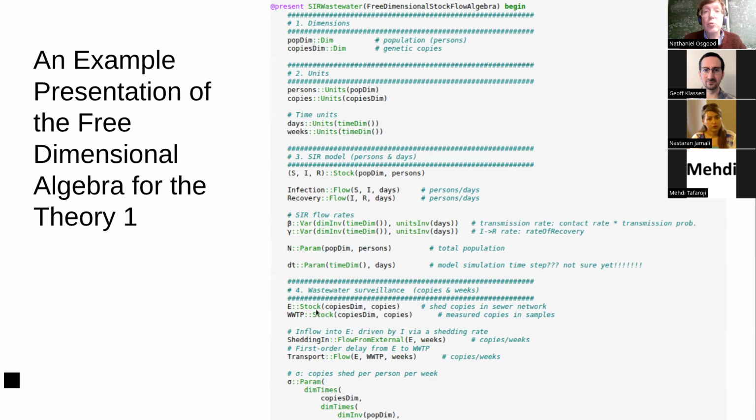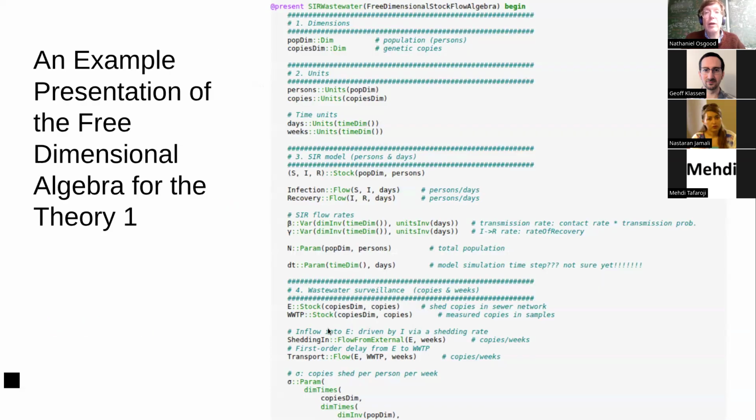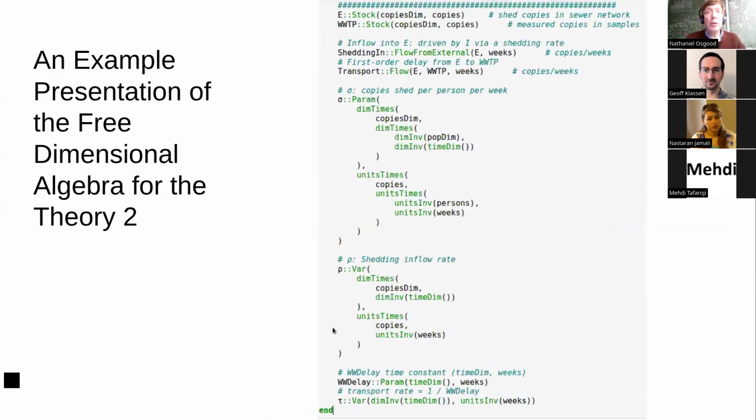And then here, this is wastewater surveillance associated with that. This has flows that are weeks, and one of them is a flow in from an external cloud here. And then you have parameters which carry certain units, and actually, you notice this is like dim times pop.